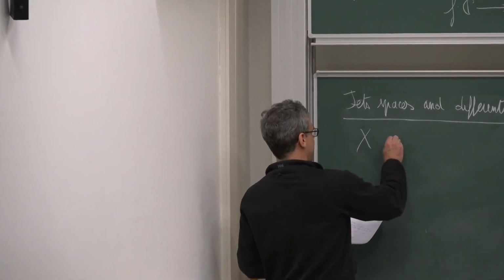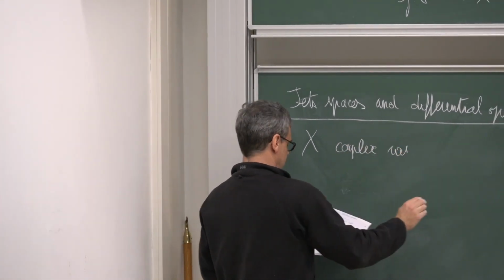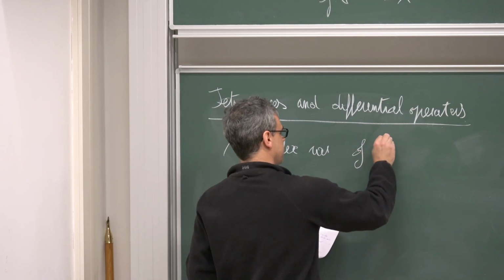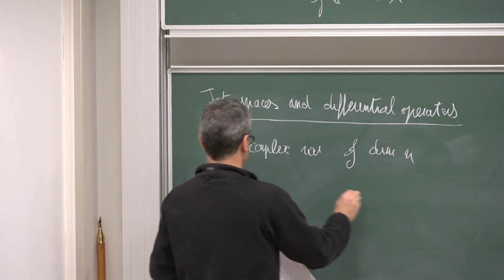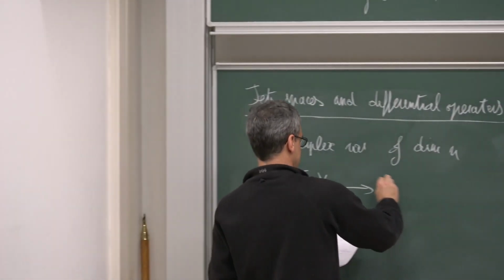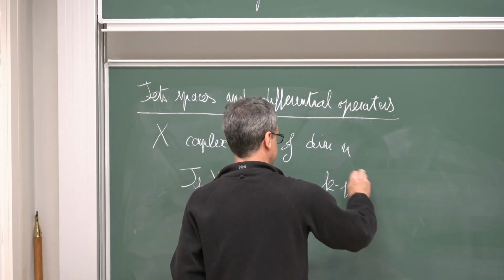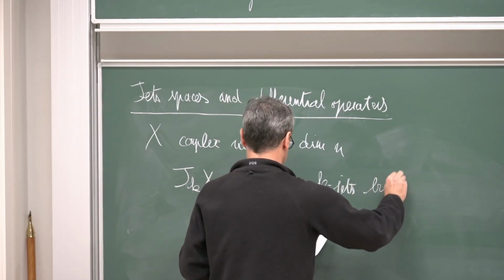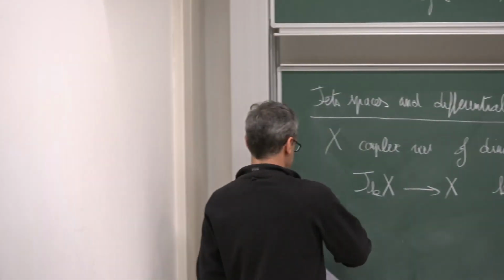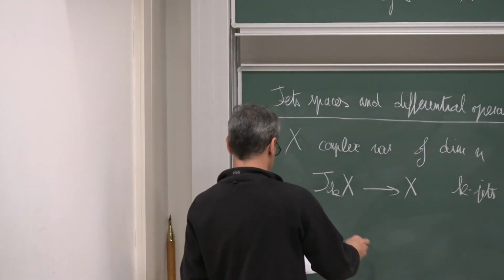Okay, so we start with any complex variety of dimension n. And so we consider the usual jet space, the k-jet bundle. Okay, so we've already seen it, as I said, just a generalization of the tangent bundle.